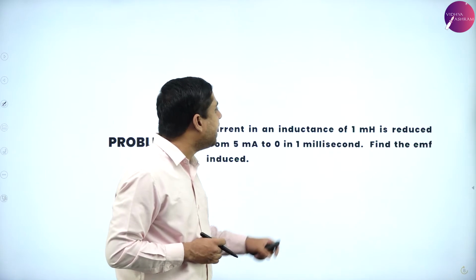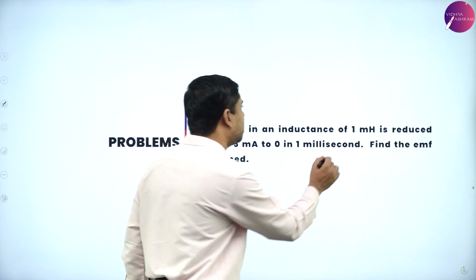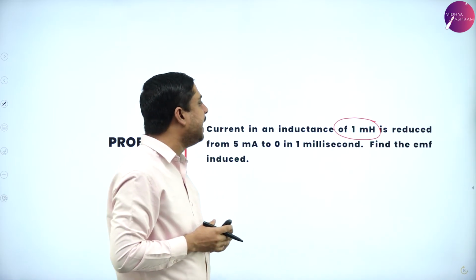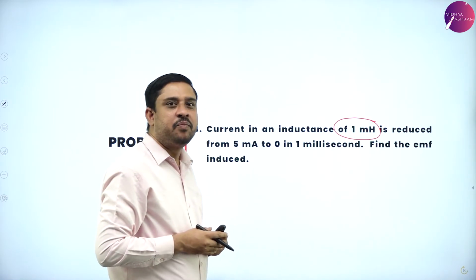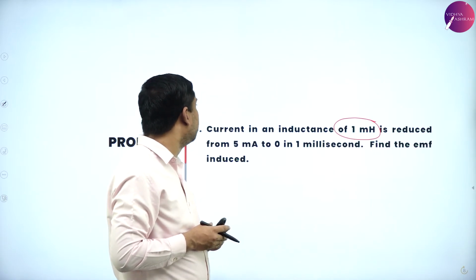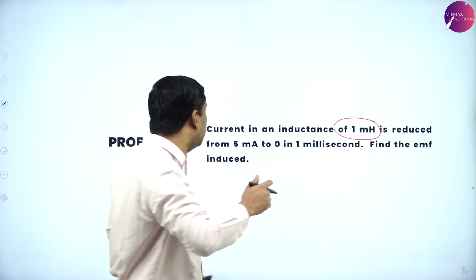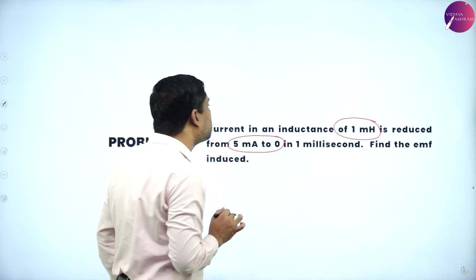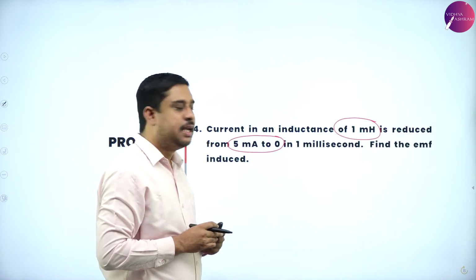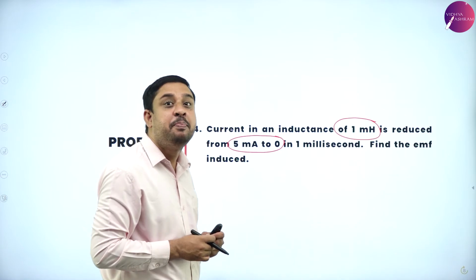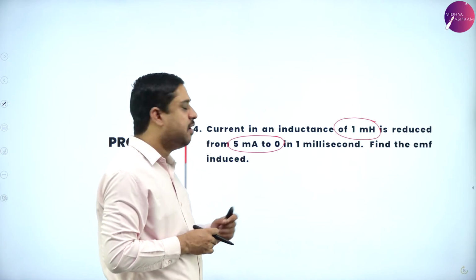Current in an inductance of 1 millihenry is reduced from 5 milliamps to 0. Now the initial current is 5 milliamps.